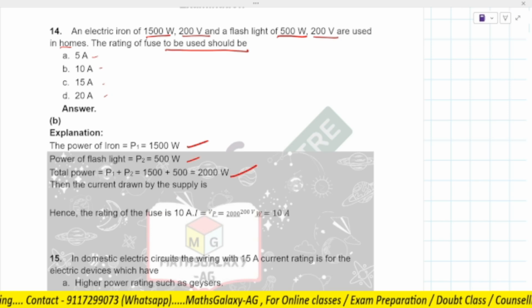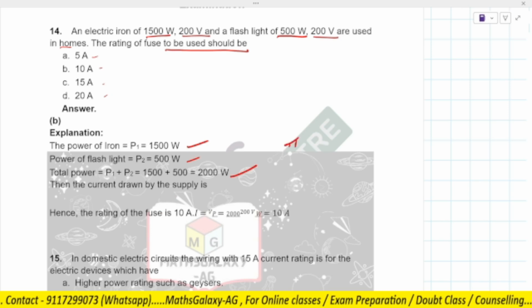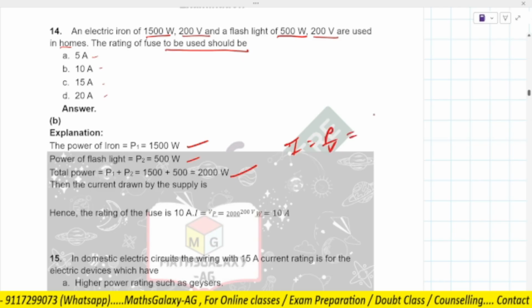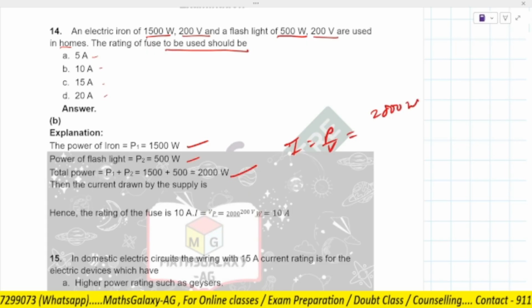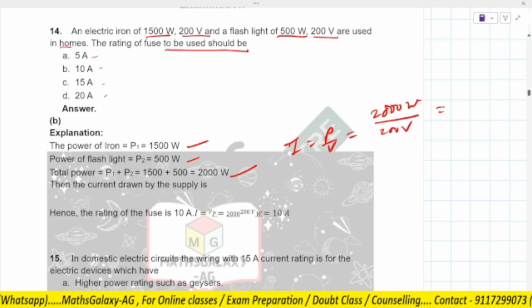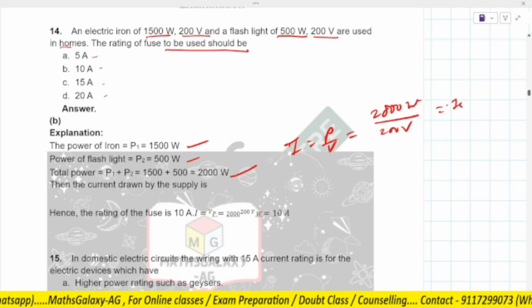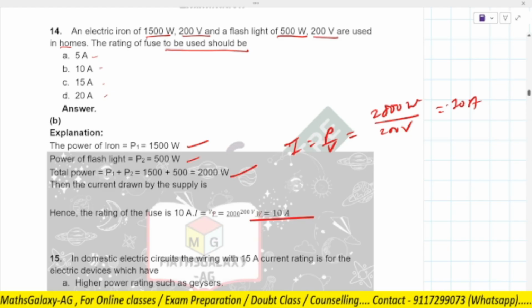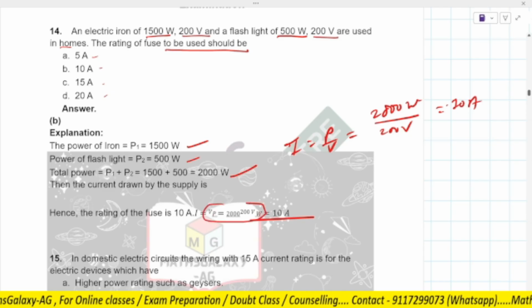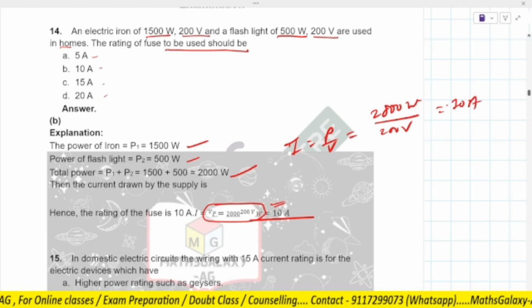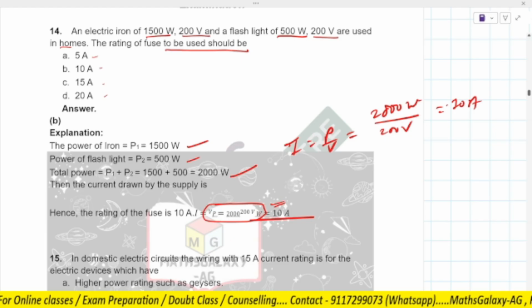Here we have to apply the formula I equal to P by V. That will be 2000 watt divided by 200 volt, and it will be 10 ampere. It is written here in the book in the wrong form. It's a typing mistake, so please ignore it. I have written it here, as you can see.